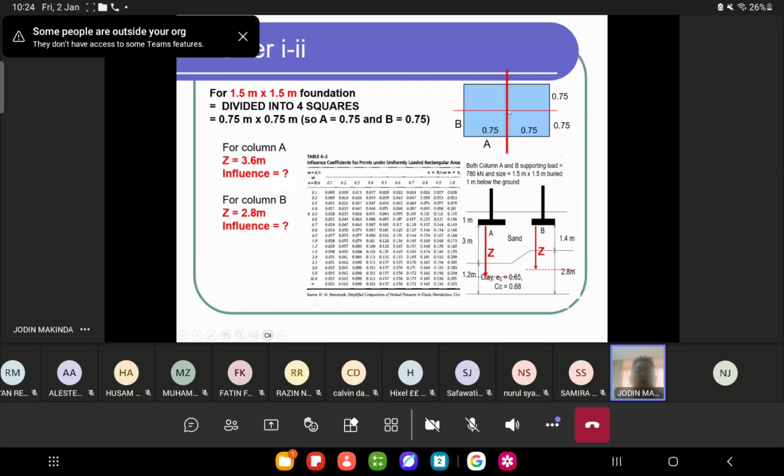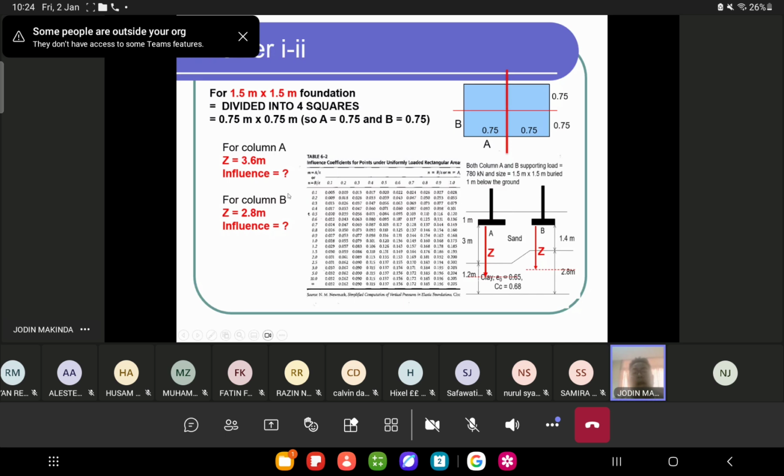Therefore, each small square has a dimension of 0.75 meter by 0.75 meter, meaning that A and B are equivalent to 0.75 meter. Yeah?